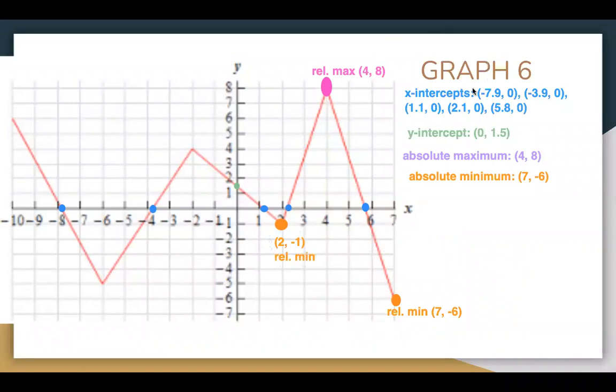My next point will be a maximum at (-2, 4). Then back down to a minimum at (-6, -5).